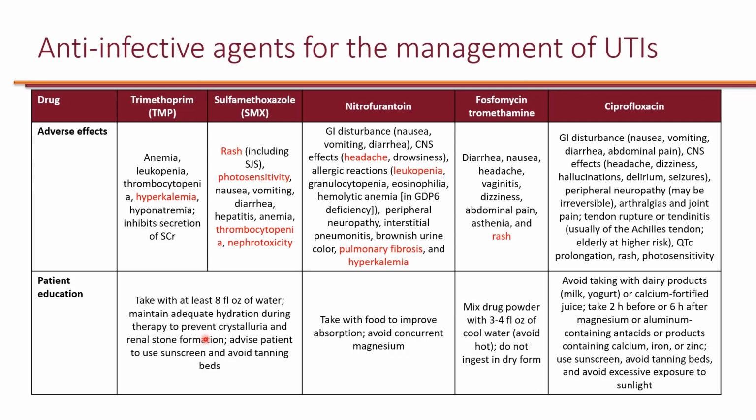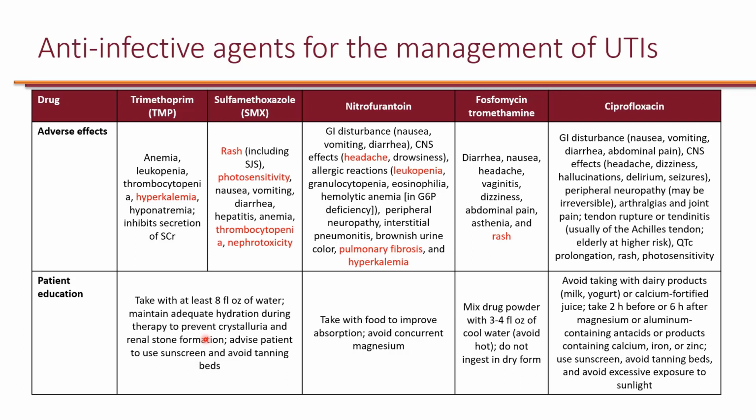Nitrofurantoin can also cause GI disturbances as well as CNS effects, such as headache and drowsiness. It can also lead to allergic reactions that often present as leukopenia, granulocytopenia, eosinophilia, and hemolytic anemia. And hemolytic anemia is often present in people with glucose-6-phosphate dehydrogenase deficiency.